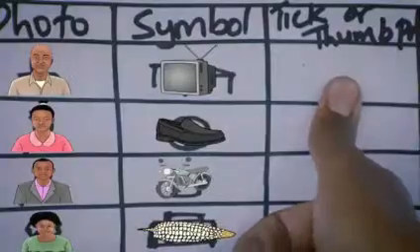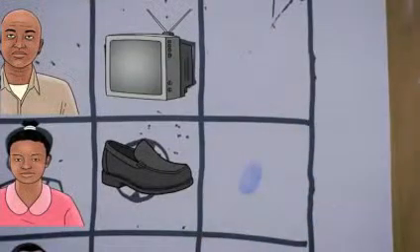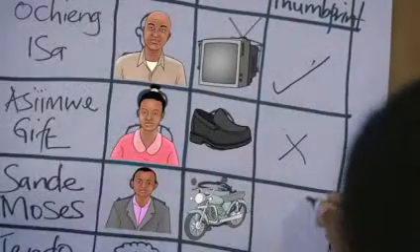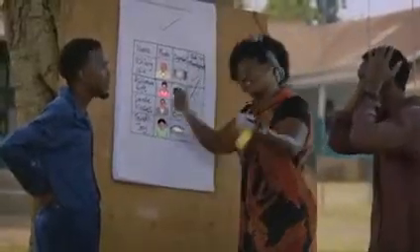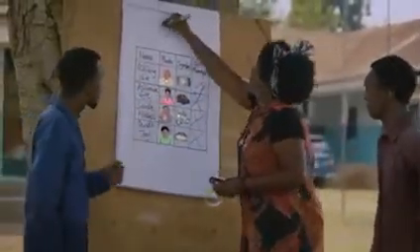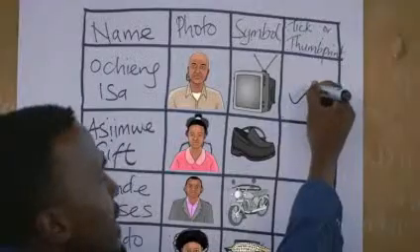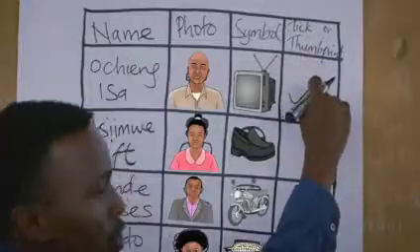Now, what if my thumbprint goes straight into another box? Same story. Invalid vote also. The thumbprint has to be in the box. What if I tick the one I want and cross the ones I don't want? Invalid. You'll have spoiled the ballot paper. It's either the tick or the thumbprint, which means one tick inside the box.